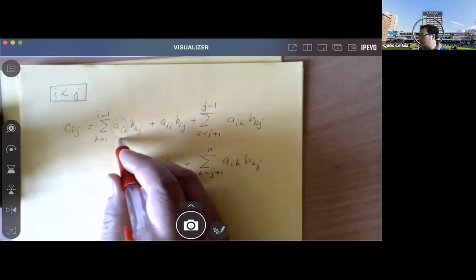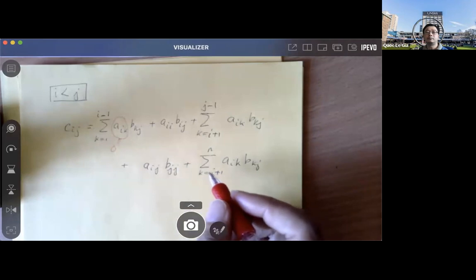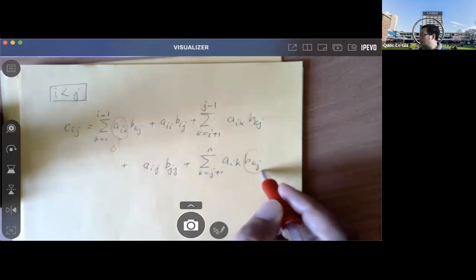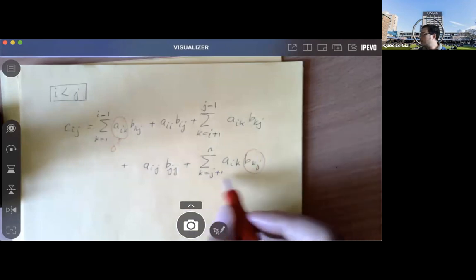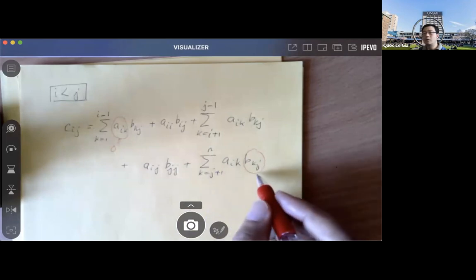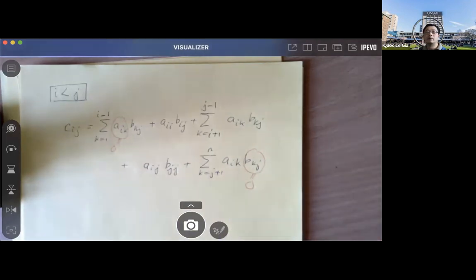So this one just equals 0. Easy, right? And the very last term, k is bigger than j, so the row is bigger than the column. So this one equals 0.